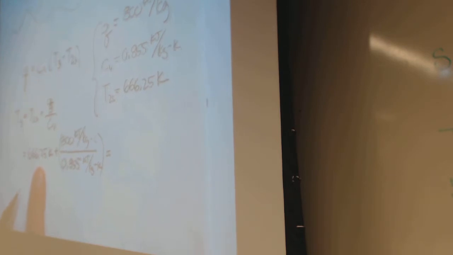This term here is going to tell us how much more heat was added. The first term tells us where it started from. So we're going to end up with what? 1,601.9.